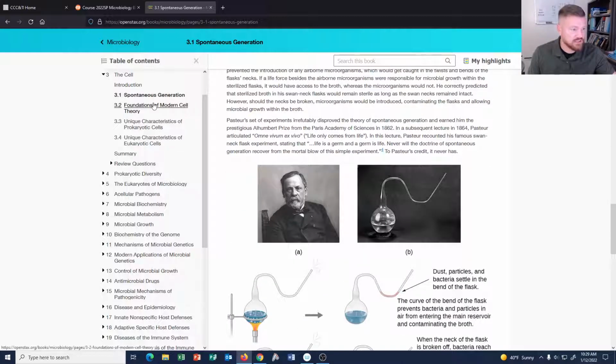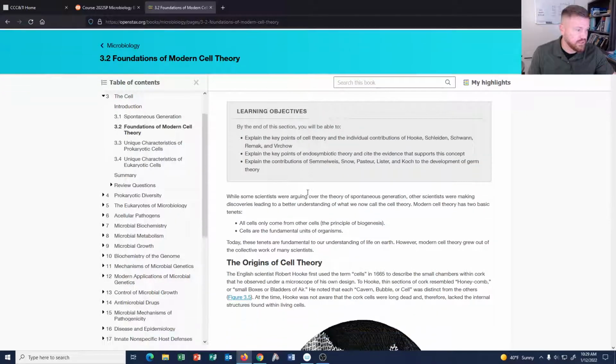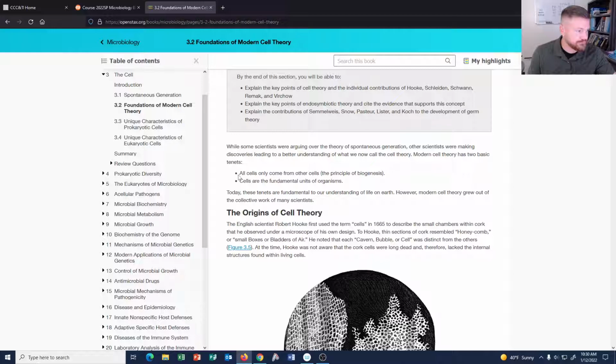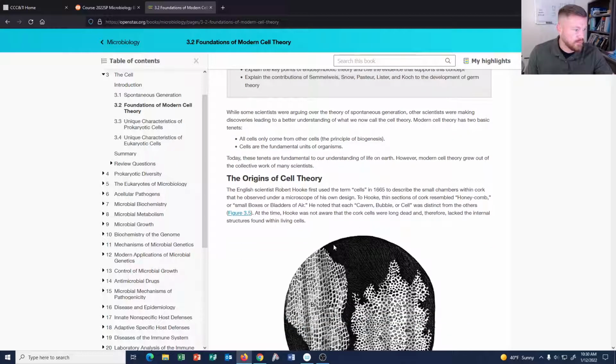And then that gets us to modern cell theory. When you read about cell theory, all cells come from other cells, and cells are the fundamental units of organisms. Sounds like common knowledge to us now, right? But we have to remember there was a time when that certainly wasn't common knowledge. Honestly, before Leeuwenhoek, we had no idea that level of organization, that cells even existed.